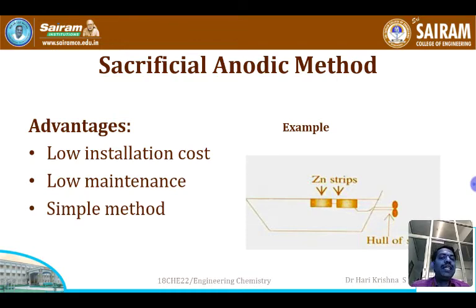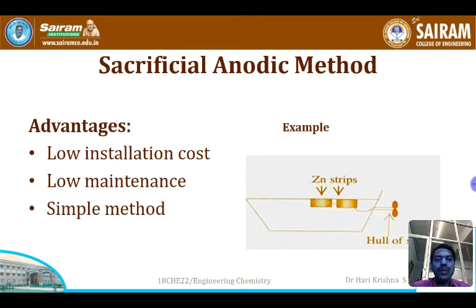So by the time the ship sails from one shore to the other shore, what should happen? The ship should sink. Why should it sink? Because in the ship, what type of corrosion occurs? Differential aeration corrosion occurs. So once the corrosion initiates, a hole will be formed.